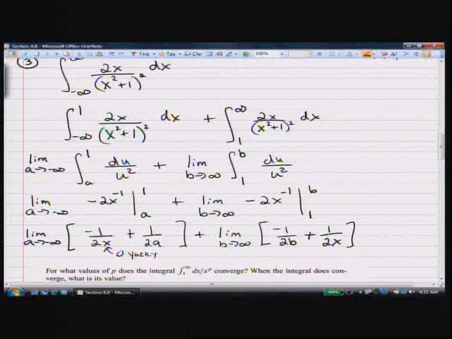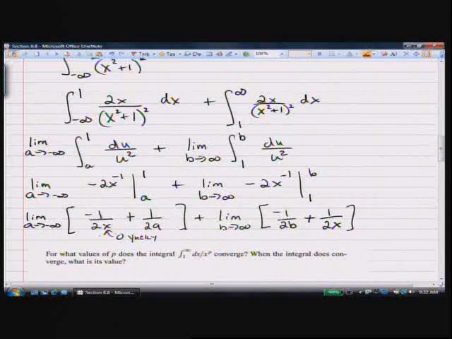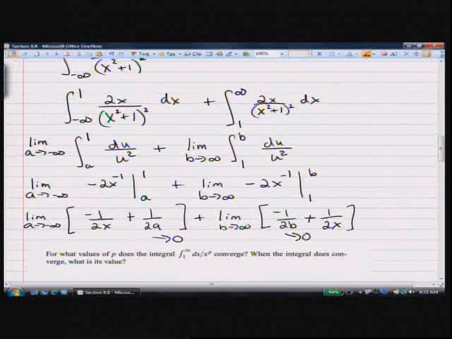And then when you plug 1 in, you're going to get negative 1/2. Of 1 over 2a, yeah, this is going to go to 0. And then this is also going to go to 0 as b goes to infinity.